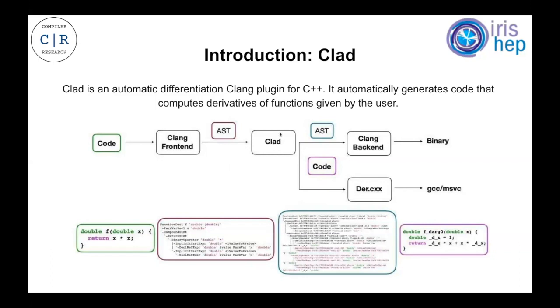What CLAD does is it takes the Clang AST, the code converted to an abstract syntax tree. It takes the code of a function that we want to differentiate, automatically creates the corresponding Clang AST that represents the derivatives of that function, and adds it to our code.